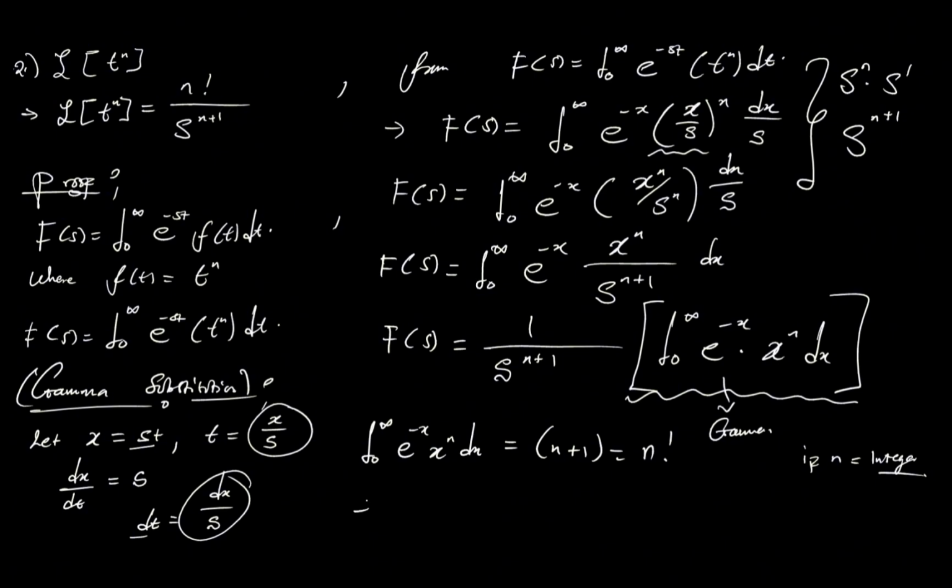This implies that the s domain is equal to 1 over s to the n plus 1 times n factorial. And this will give us n factorial over s to the n plus 1. And this is our proof.